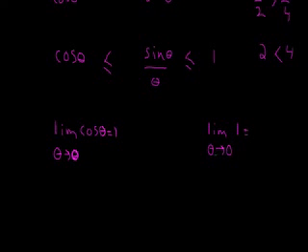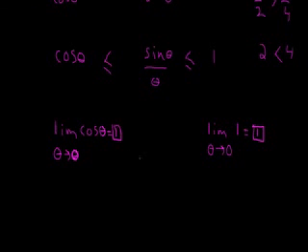Well, what's the limit as theta goes to 0 of any constant? It's just the constant. So even though I have no way of evaluating this limit by any analytical means that I've used up to this point, I have found two functions that are smaller than it and bigger than it, such that when theta approaches 0 on those functions, those limits are 1.